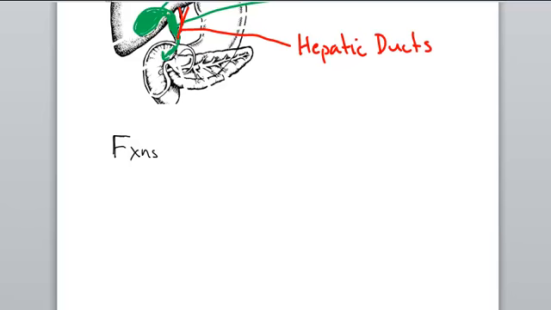There we go. Functions are to simply store excess bile from the liver.